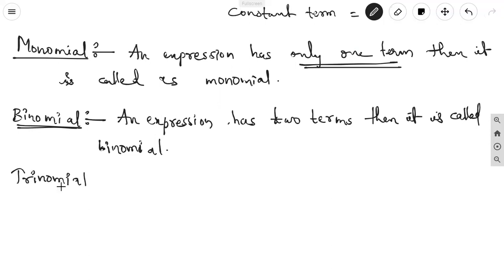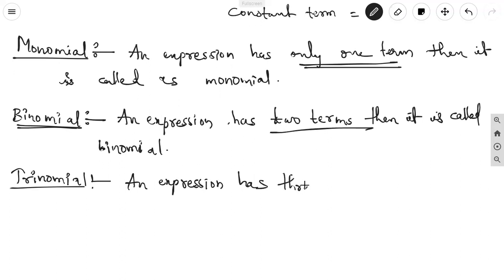Tri means we know that it is three. An expression which has three terms, two terms means binomial, and if it has three terms, then it is called a trinomial.